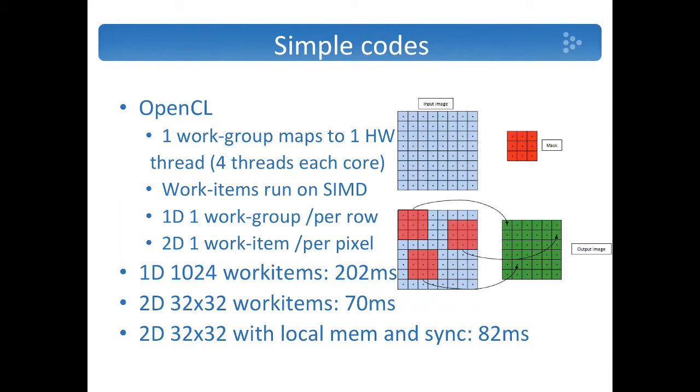And you don't need to synchronize them because all work items in the work group run on the vector unit one by one. They are in-order execution, not out-of-order execution, so you don't need to synchronize them. So if you are using local memory and synchronization, it will slow down your program.